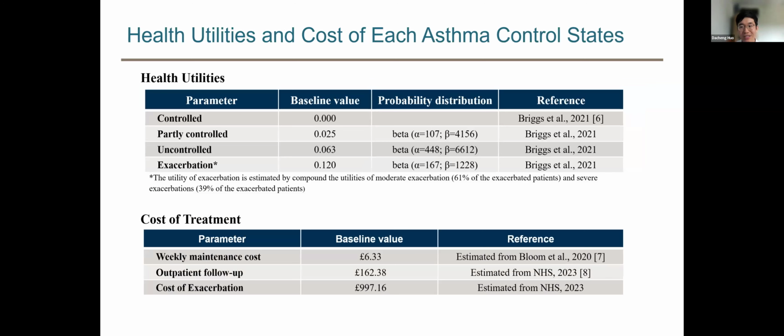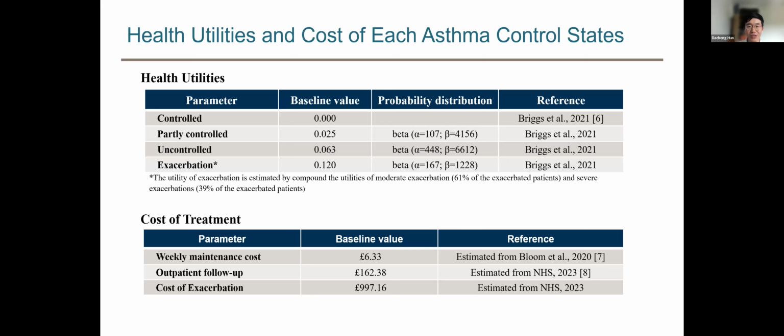As I mentioned earlier, this model just provides information over a 20-year period on how many patients will be in different health states and for how long. So to fully understand the cost and health benefit, we need to evaluate what costs and health benefits apply in each health state.